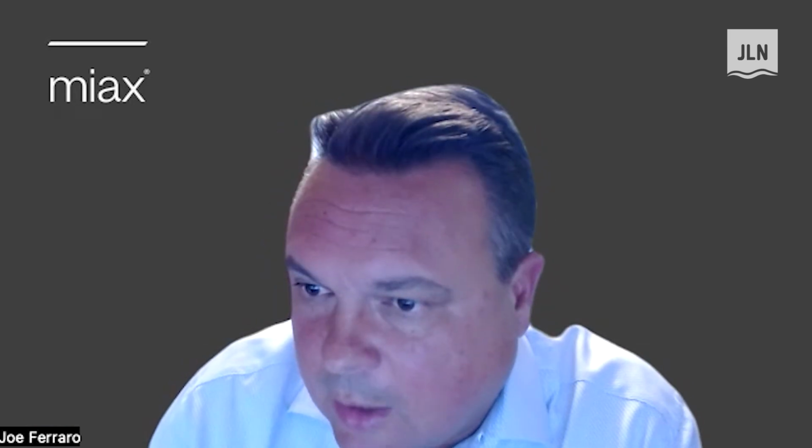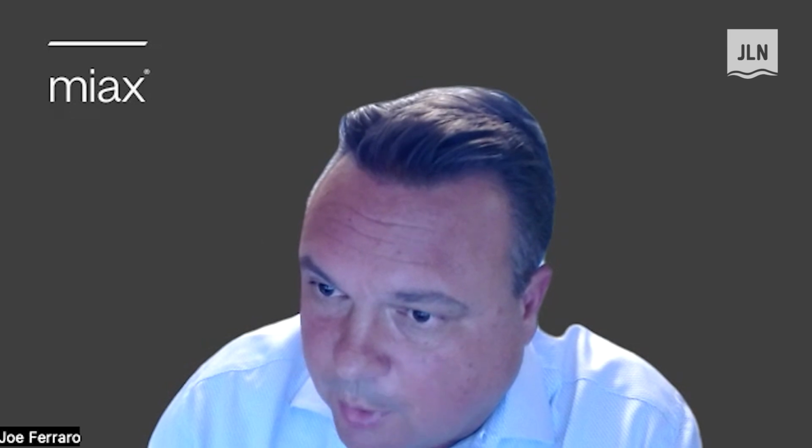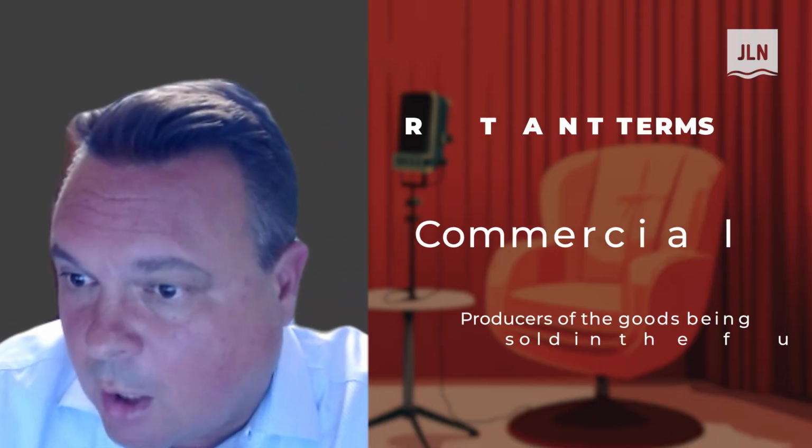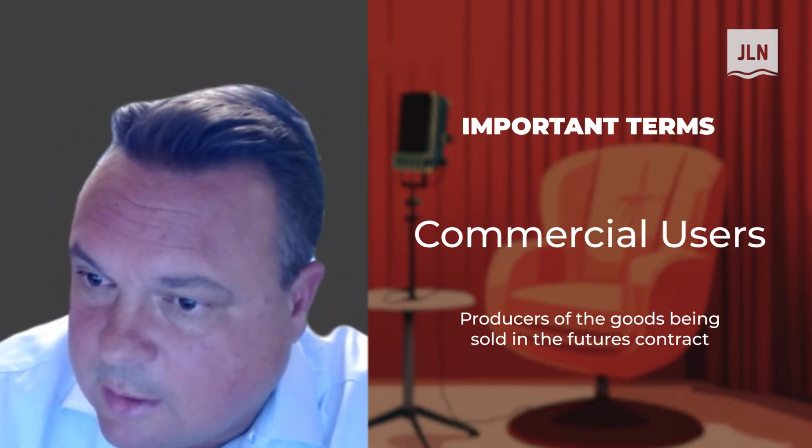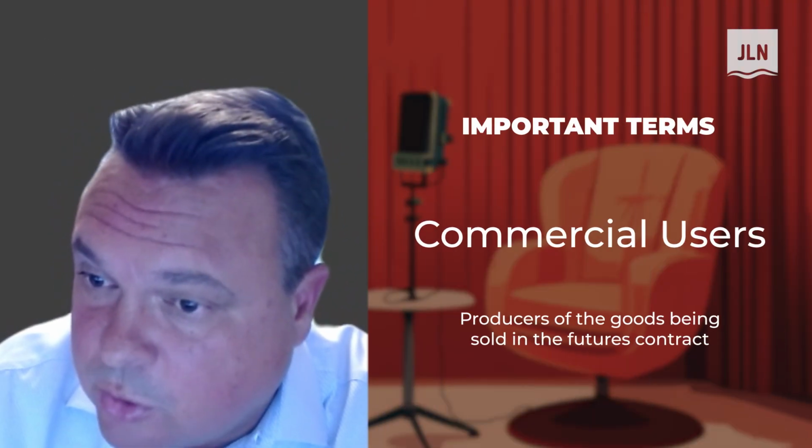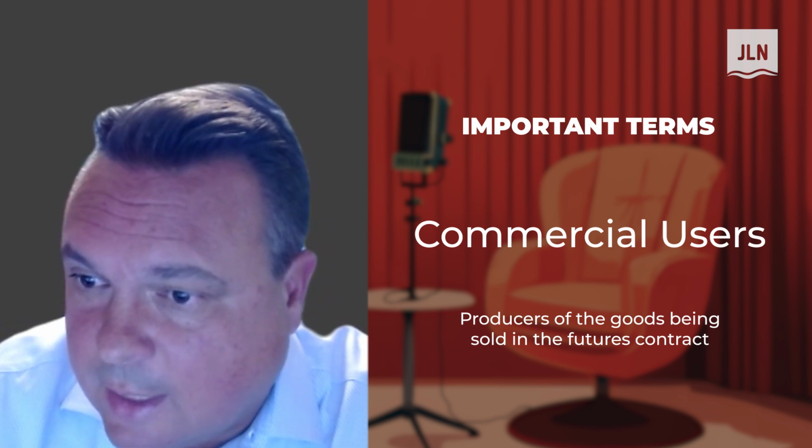So there are two main groups of market participants in the futures markets, and the one you just mentioned is hedgers. These are generally commercial users connected to the underlying asset that have exposure to the underlying asset and are looking to hedge that exposure or to provide some certainty around the price of that asset in the future.